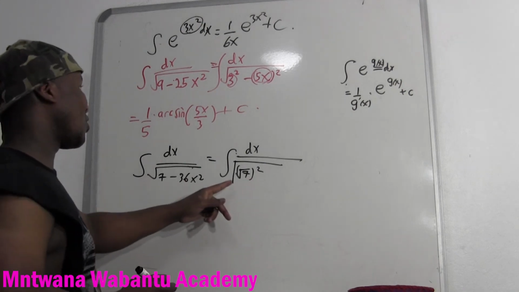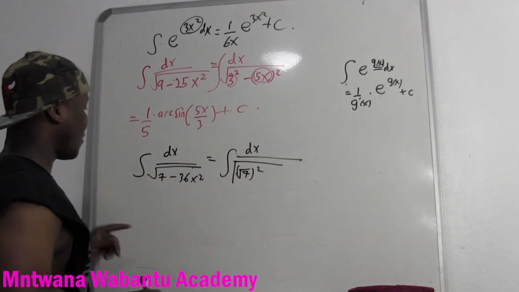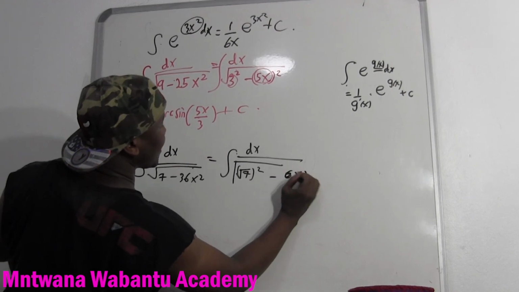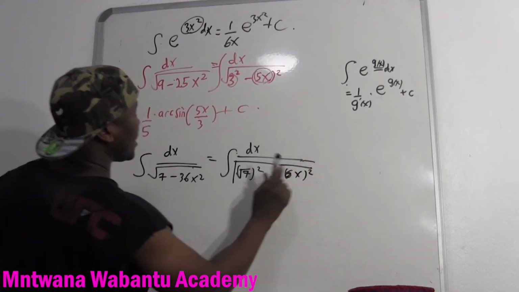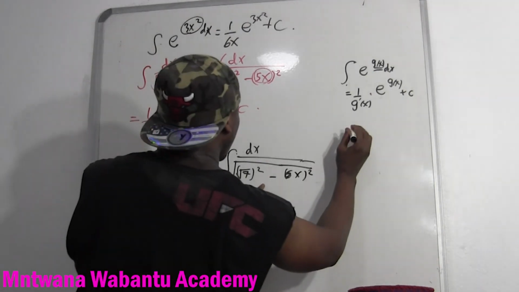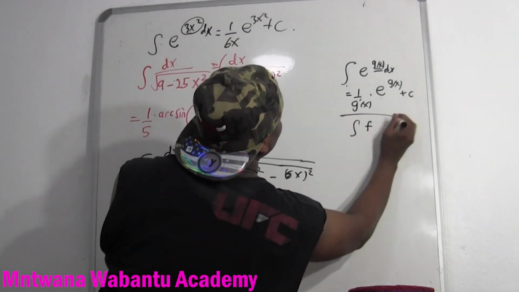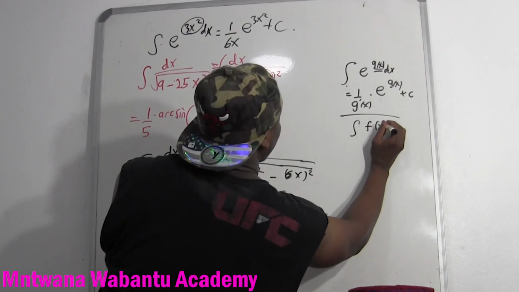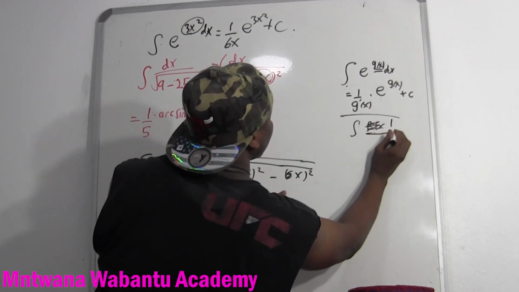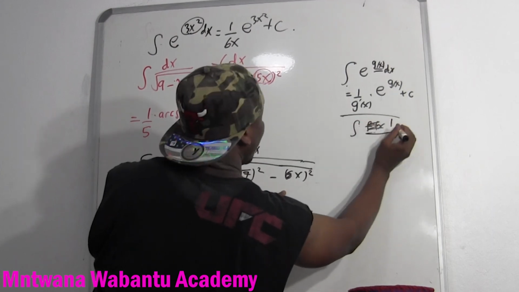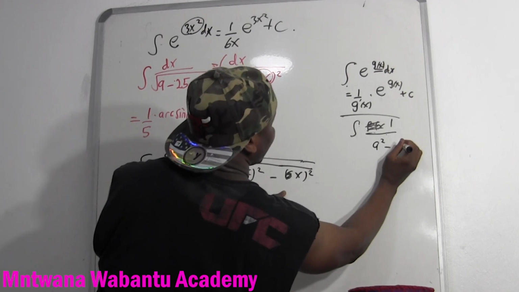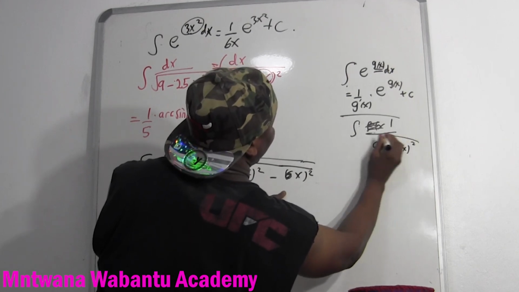The reason I write it like this is the formula for sine substitution, it must be 1 over the square root of a squared minus f of x squared.